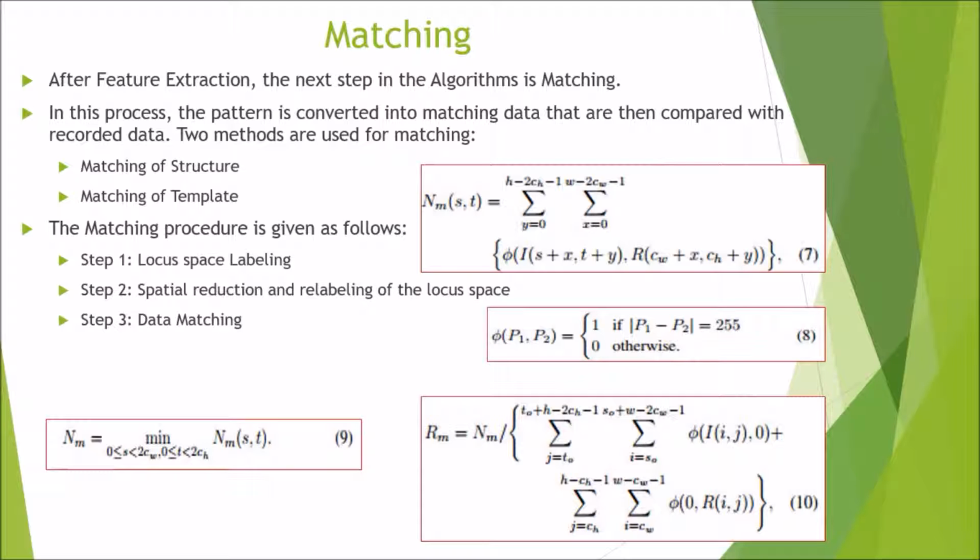When P1 is defined as the pixel value of 1 pixel and P2 as the other, phi can be described as can be seen in equation 8. The minimum value of mismatch Nm, calculated under the condition that the template overlaps with the input matching data I of x, y at all positions, can be defined as can be seen in equation 9. Using the definitions given above, the mismatch ratio Rm is defined as can be seen in equation 10.